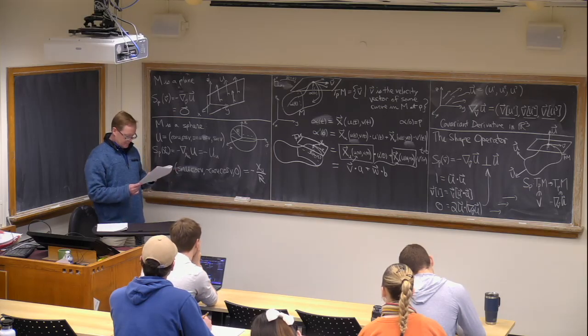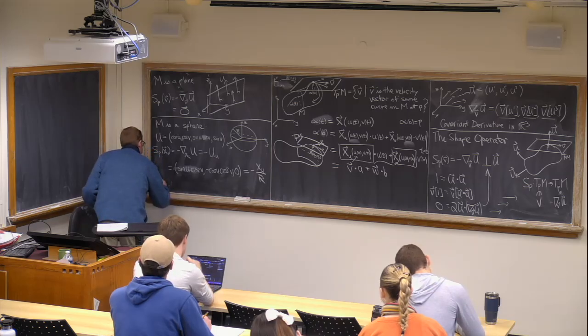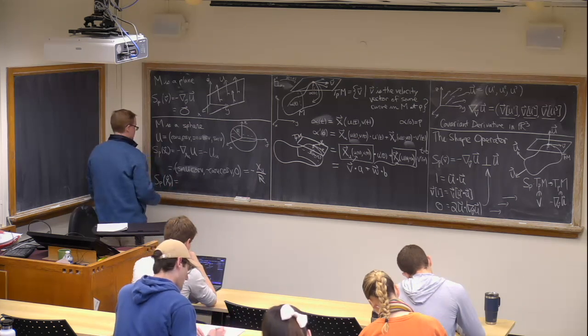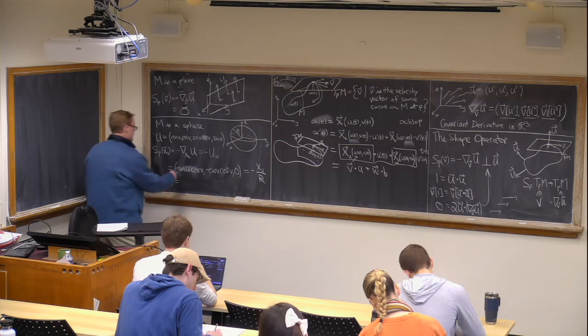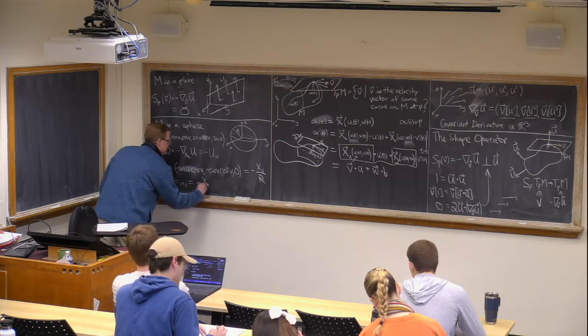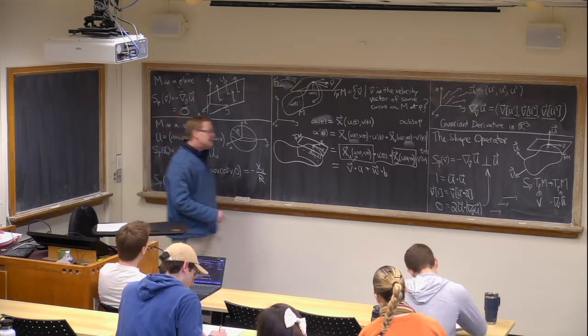Then you do the same computation, and it turns out for the sphere, the shape operator of S applied to xv equals negative xv divided by r. And you're like, oh, that's an interesting coincidence.